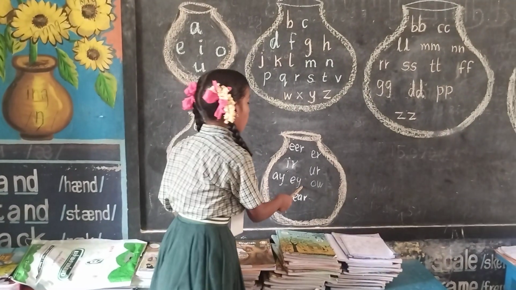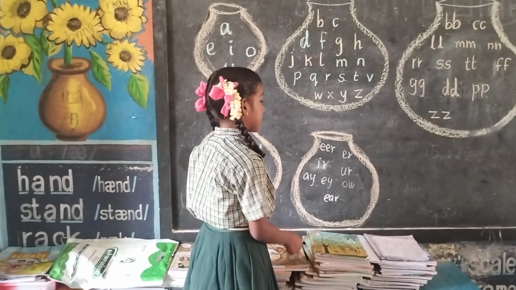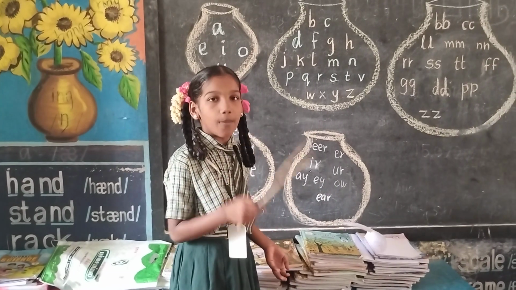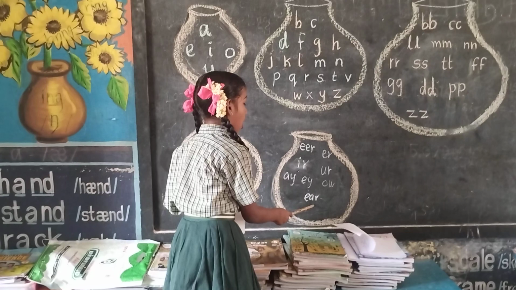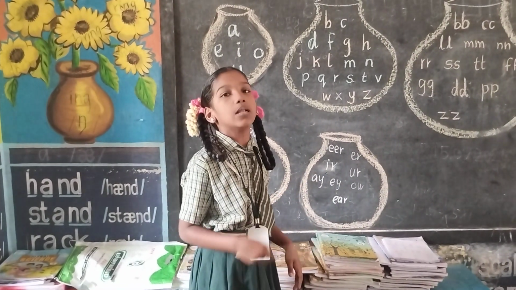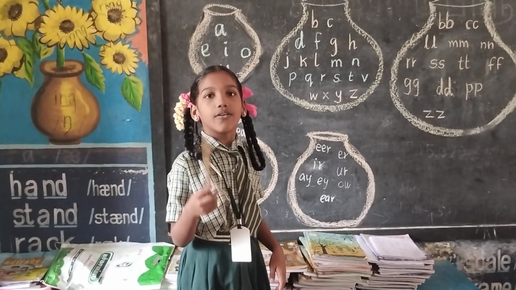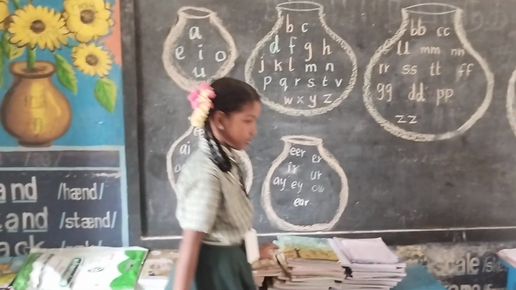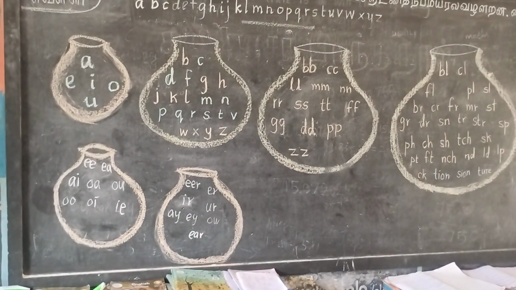Good. The letters OW as the sound O. For example, snow, bow, cow, crow. The letters EAR as the sound "ear". For example, fear. Good. Very good. Super. Good children.